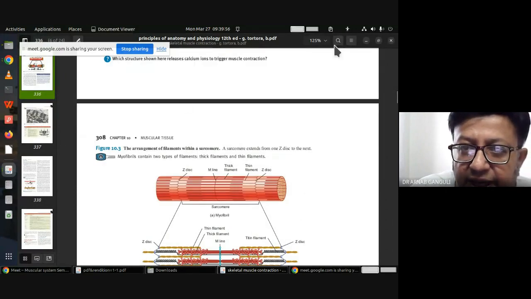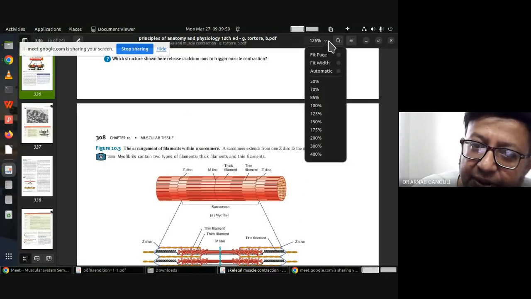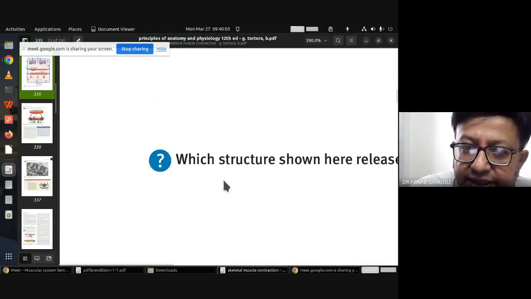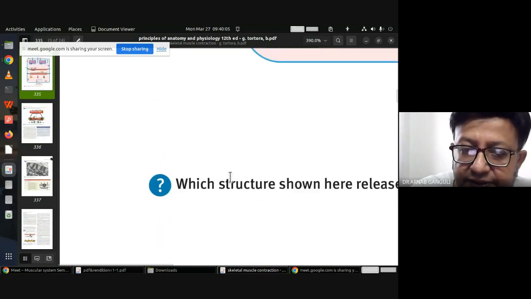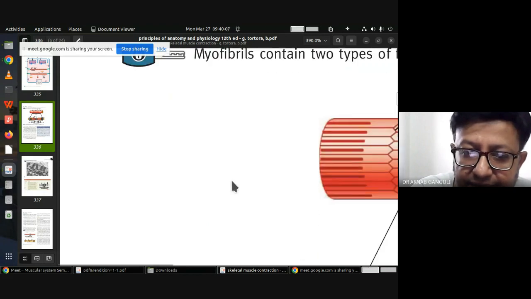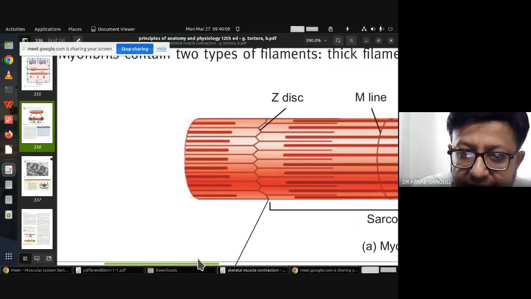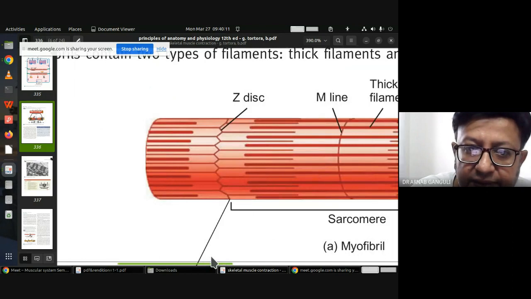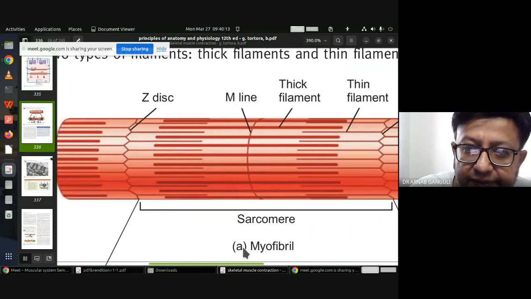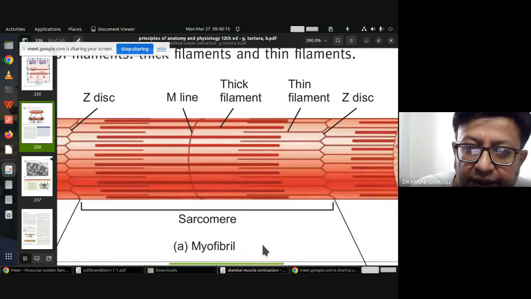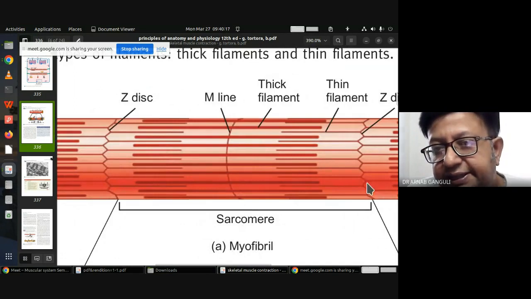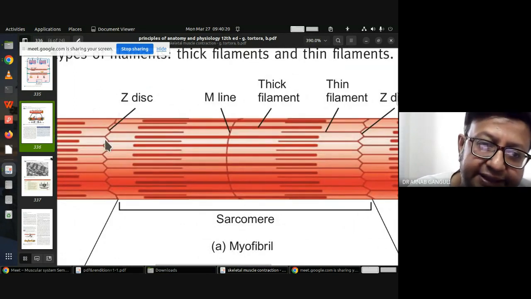So now we will see further details about the structure. You need to understand the structure. If you increase the size, this is one Z disc, a cylinder, another, this is one sarcomere.